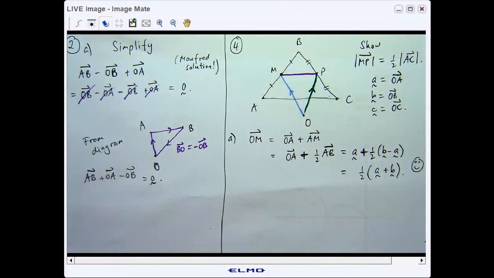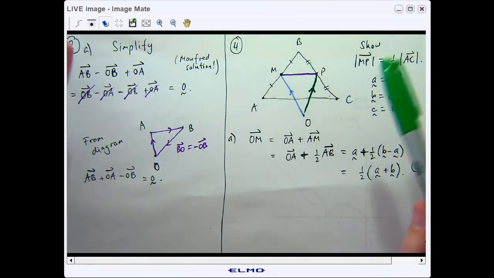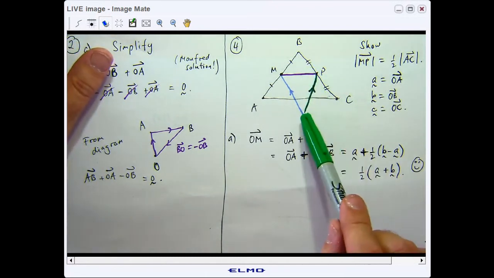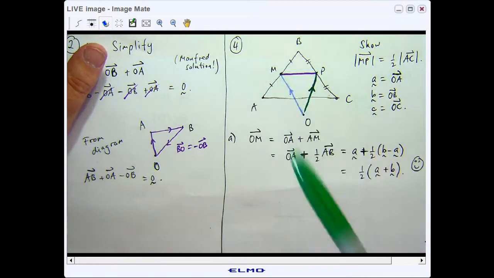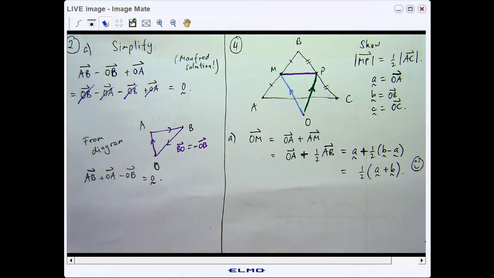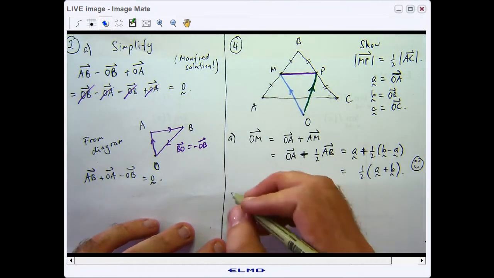The next thing they ask you for is the vector OP. That's the next part of this question. So you just repeat it: you would get OP in terms of OC plus CP, and then CP in terms of CB. So part B, the second part of this question, is kind of the same.